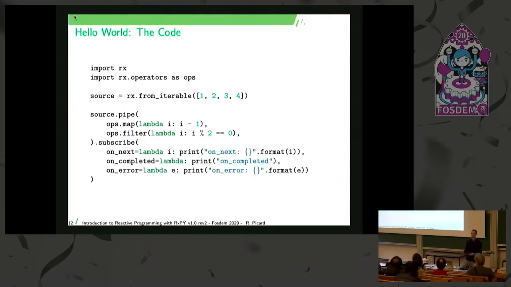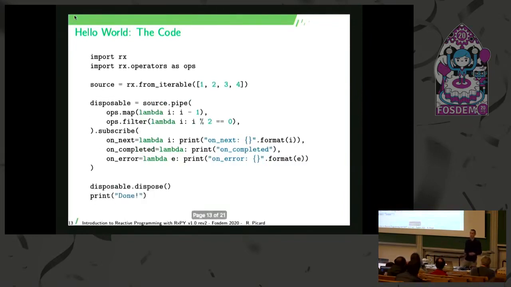We subscribe to this observable, and in our case, we just print each value that is emitted at the end. We used the onNext callback to print the value. There are two other callbacks available to be notified when the observable completes or when an error occurs. And this subscription function returns a disposable object that can be used to unsubscribe from the observable.